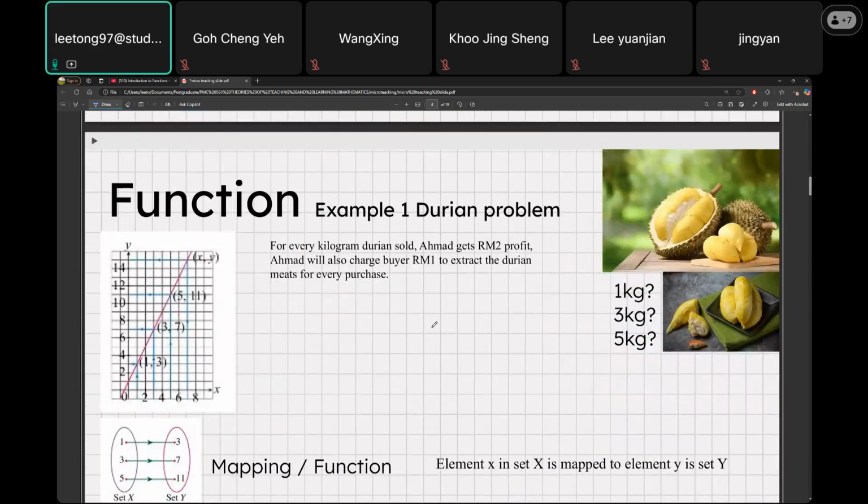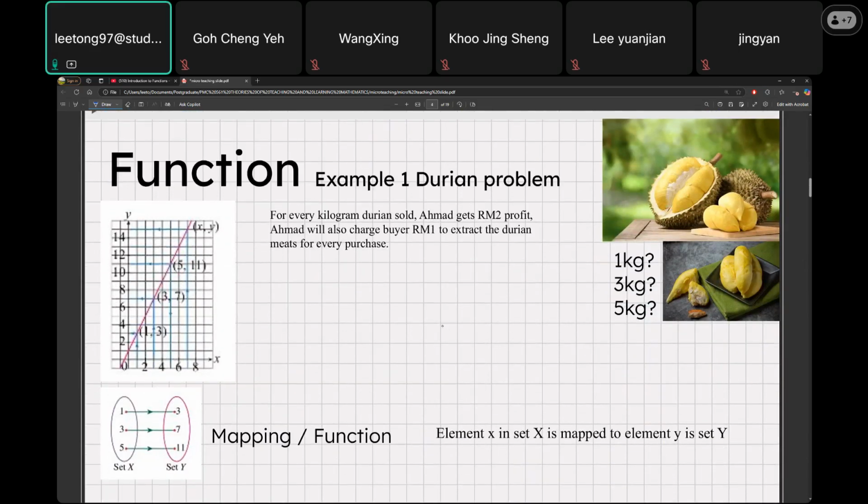Okay, let's see. It's the same durian. For every kilogram of durian sold, Ahmad gets 2 ringgit profit. Ahmad will also charge the buyer an extra 1 ringgit to extract the durian meat for every purchase.